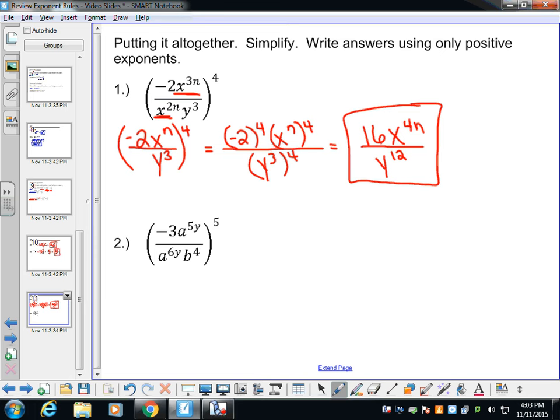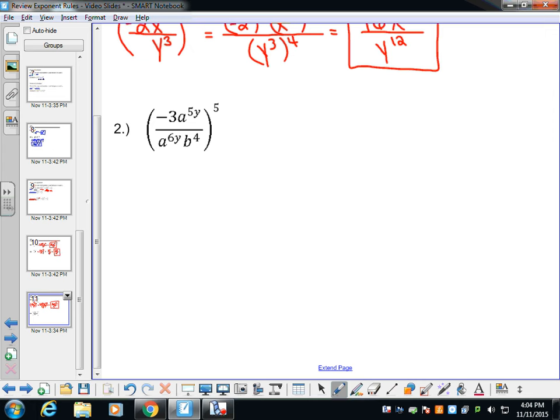I apply the same rule with number 2. I'm going to first simplify everything that's inside my parentheses and then at the end raise it to the 5th. So I have the same bases in my numerator and my denominator, but be careful here when I subtract them, a to the 5y over a to the 6y, I get a to the negative y, so that should go in my denominator.